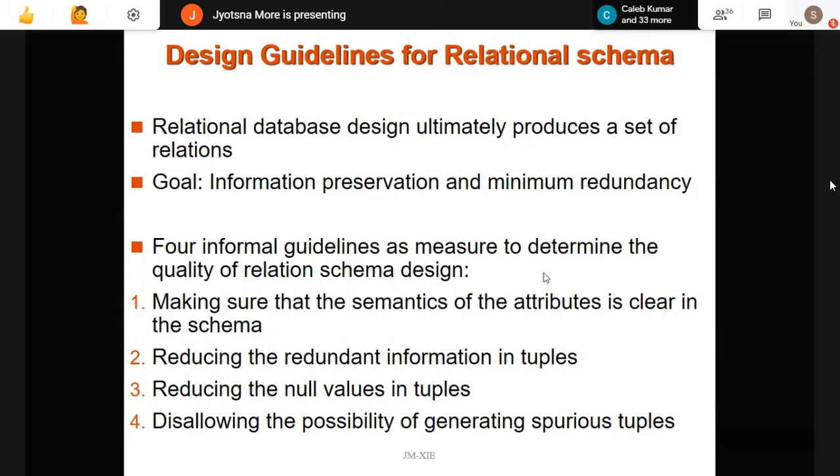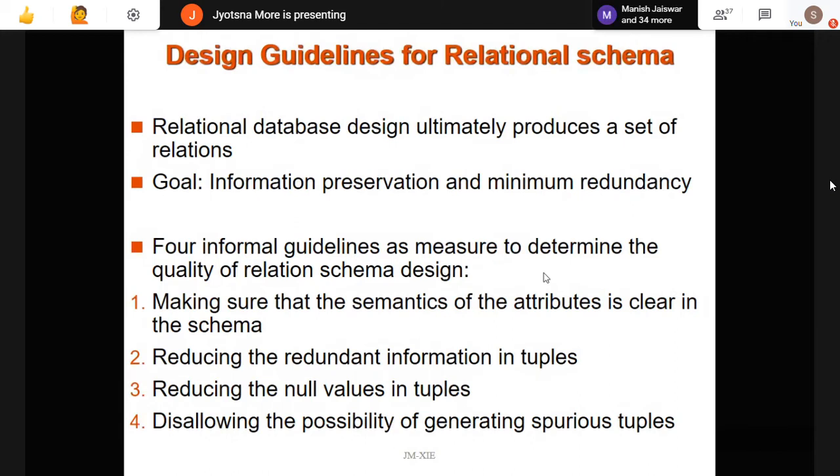The main goal of this relational database design is information preservation and minimum redundancy, to reduce or remove the redundancy from the relational schema without losing any information. That is the main aim of the relational database design.